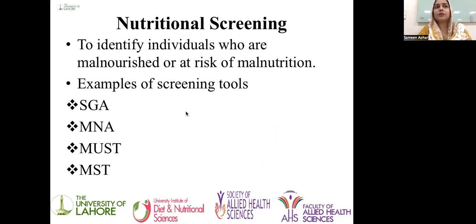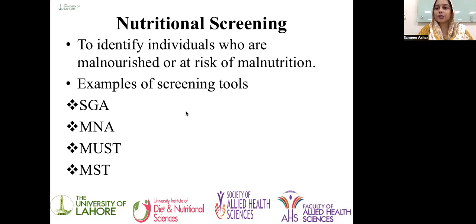There are several universally accepted and validated tools for that: subjective global assessment, SGA, mini nutritional assessment, MNA, malnutrition universal screening tool, MUST, MST, malnutrition screening tool. All these are the screening tools that are going to help nutrition care professionals to find out those individuals in any community or at any place where there are a group of people, just to find out those individuals who are at risk of malnutrition.